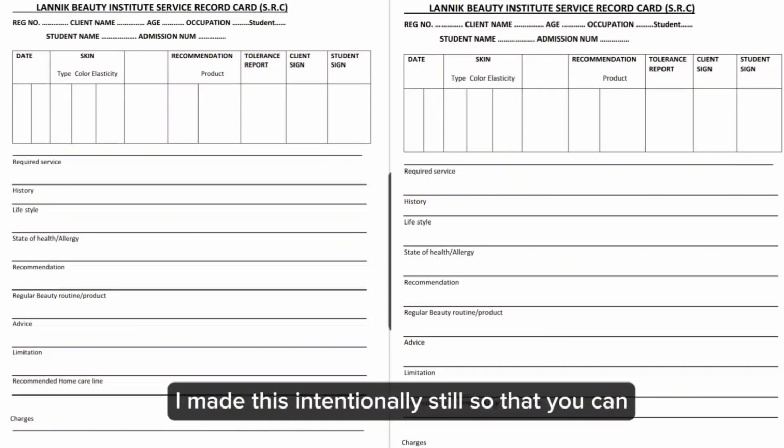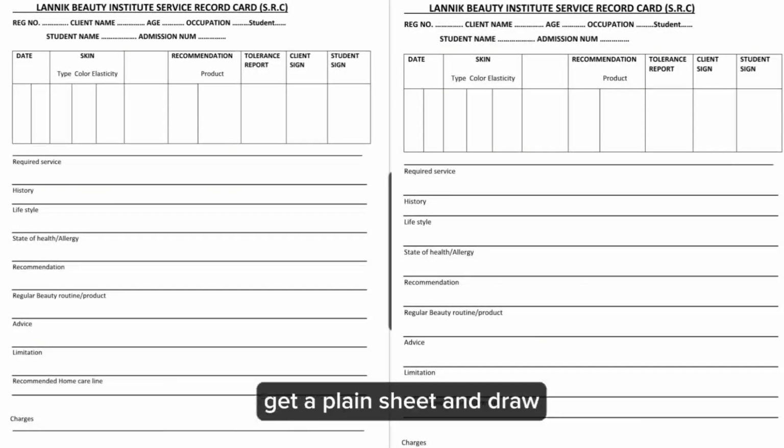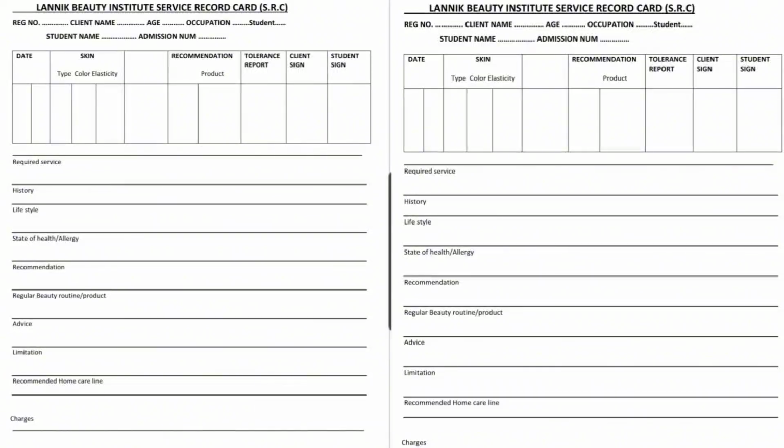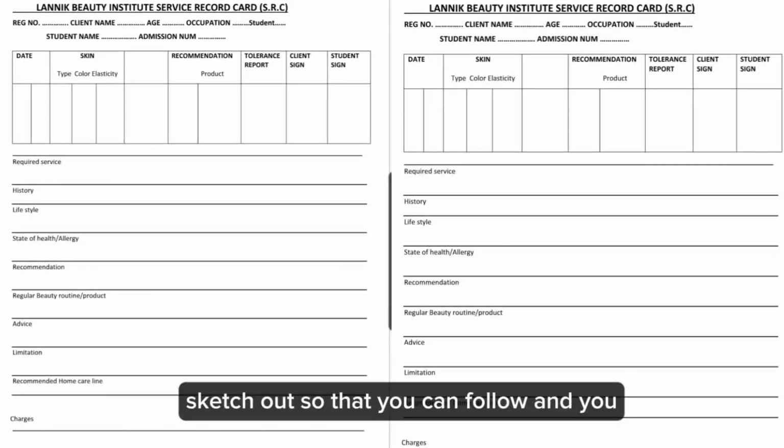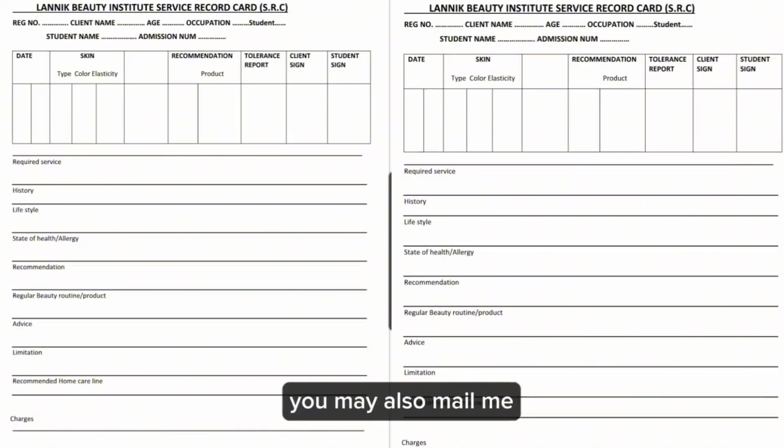So I made this intentionally plain so that you can get a plain sheet and draw out your own grid tabulation. You can use a pencil and sketch it out so that you can follow. And you may also mail me if you need a soft copy of this.